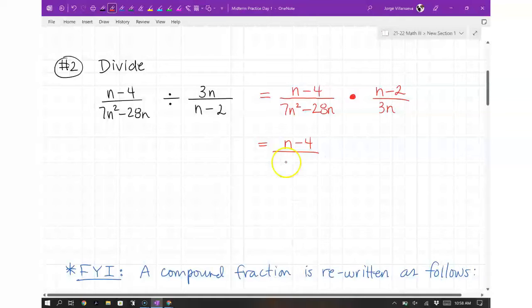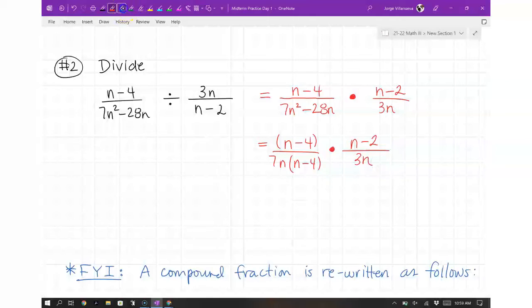N. And what else? 7. A 7. So this will make it n minus 4, okay? Times, now n minus 2, I can't factor anything out of that, so I'm just going to write n minus 2, and 3n is just 3n. What can I cancel from there?